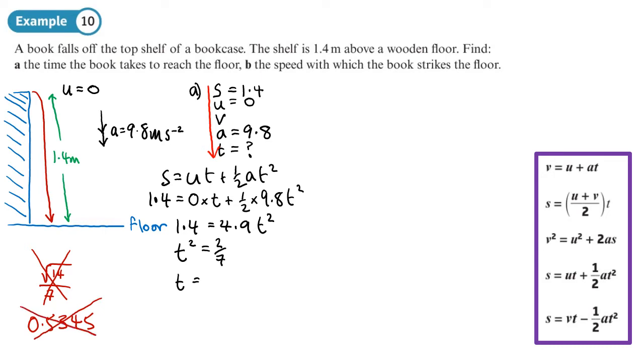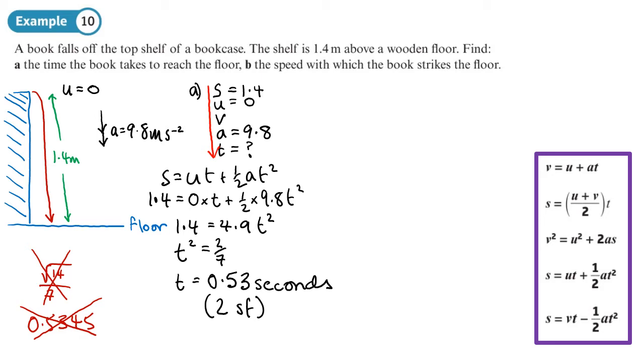We can't have an answer more accurate than the numbers we started with. So we've got to round that to two significant figures. They will allow 3. So 0.53 seconds, and that's two significant figures. So 2 or 3 significant figures is fine, but not any more, not any less.